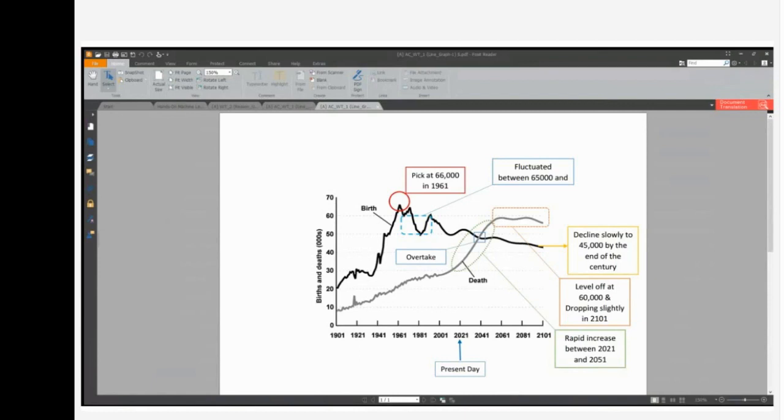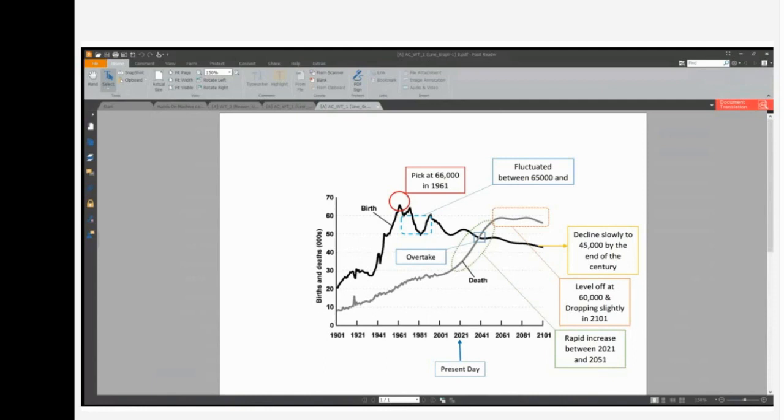Then another thing is it started dropping after that, and gradually dropped, and it declined slowly towards almost 45,000 by the end of 2101. So this is one important thing that happened to this birth line.